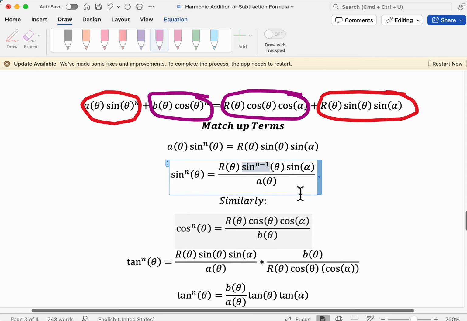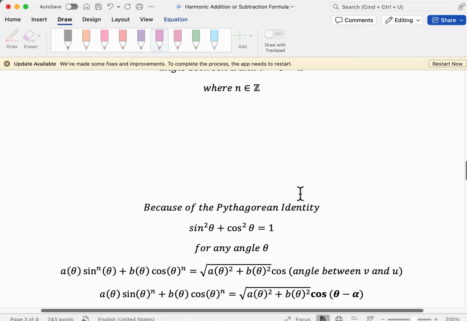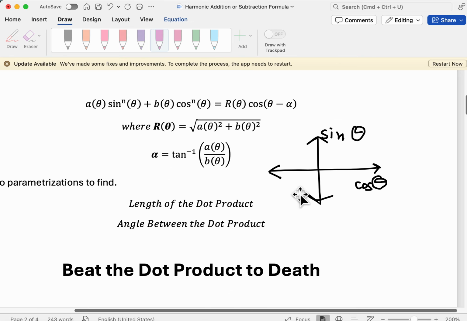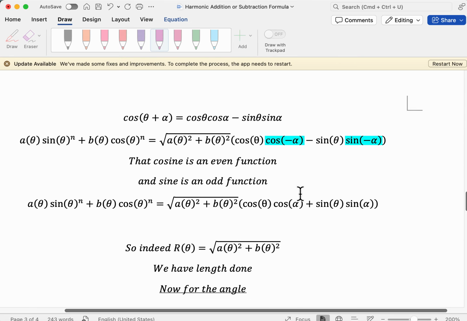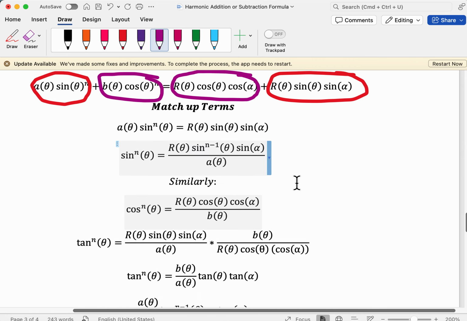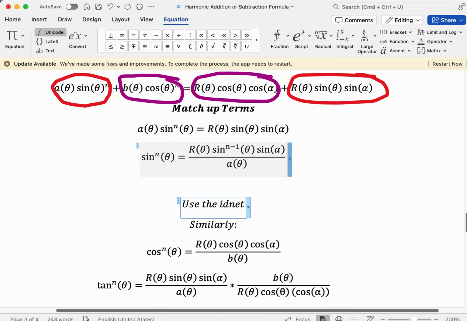But now note that the original parameterization that we want to find for the angle, right? We always do tangent of the angle. So how can we end up getting tangent? Well, we simply get sine over cosine. Use the identity that tangent of theta equals sine of theta over cosine of theta.